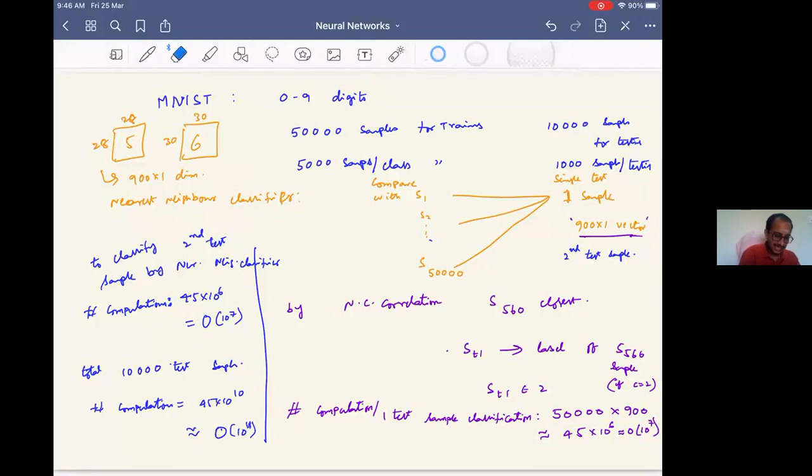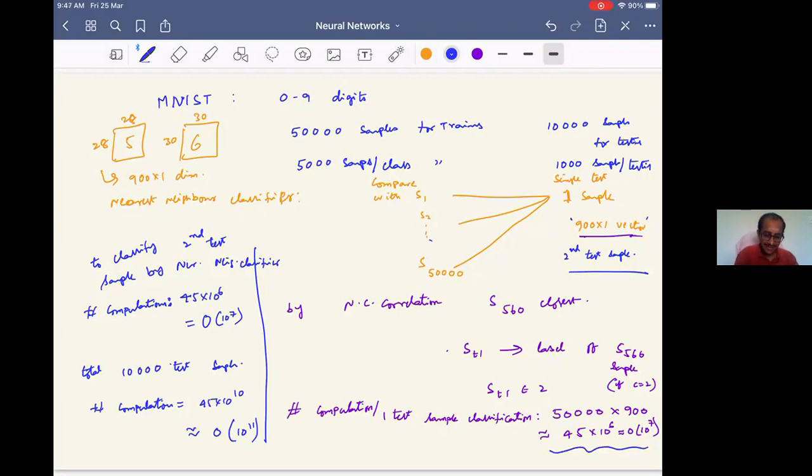So is there any learning happening in this nearest neighbor classifier? No, sir. The reason being the number of computations you require for the first test sample is the same as for the second test sample, third test sample, and so on. Every time you have to do a large number of computations, and the same procedure is followed.